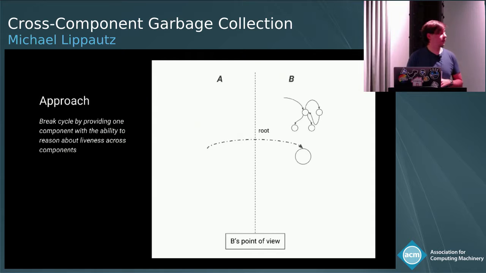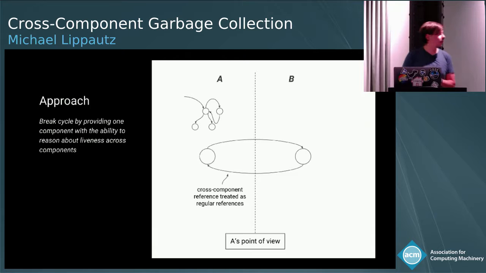Note that in this example, on the very top, we have local object graphs. So in the case of B here, it only sees the object graph of B. A, though, sees the relevant objects of component B, which in this case is also the object that's part of the cycle. If we assume garbage collected environments, A can properly trace its own object graph.